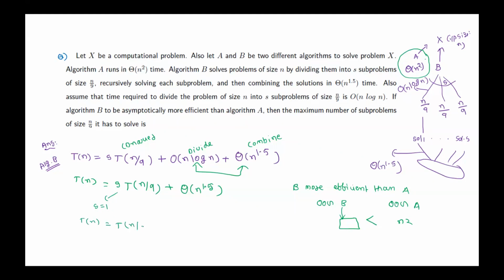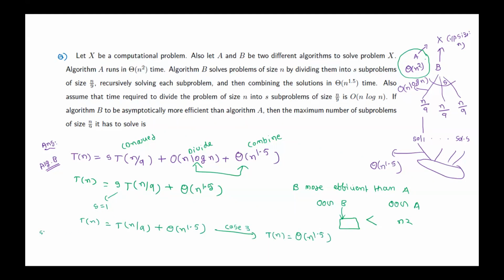T of n by 9 plus theta of n power 1.5. Which case is applicable? Case 3. So finally T of n is theta of n power 1.5. Is it better? Yes, sir.